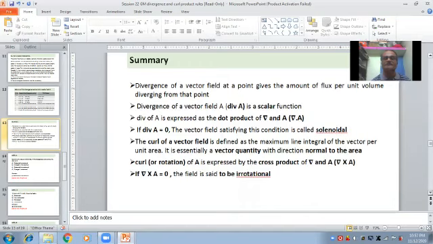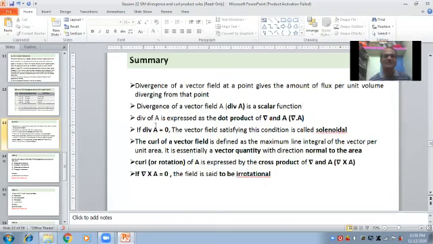So as I told, it is the opposite nature of gradient. The gradient of a scalar field gives a vector function, but the divergence of a vector field gives a scalar function. So the processes are opposite to each other.